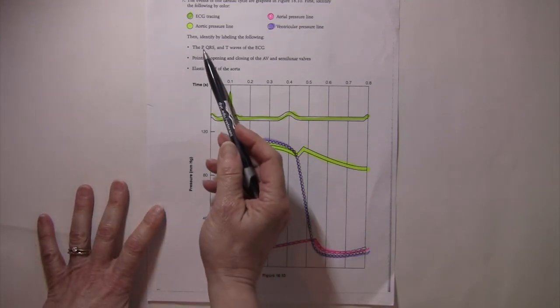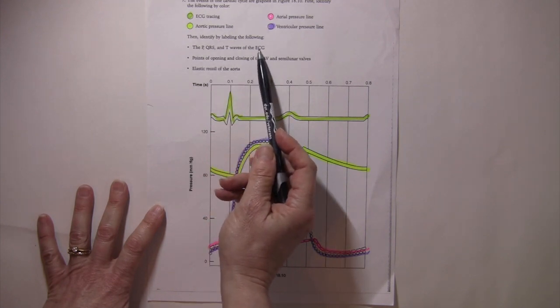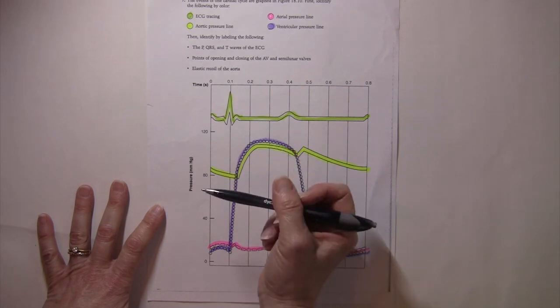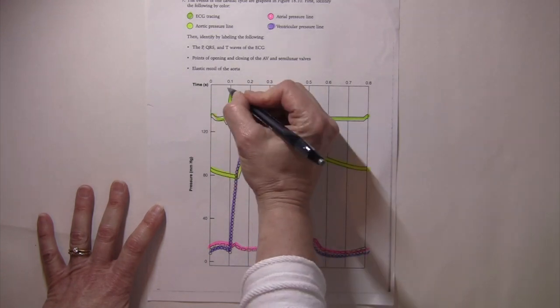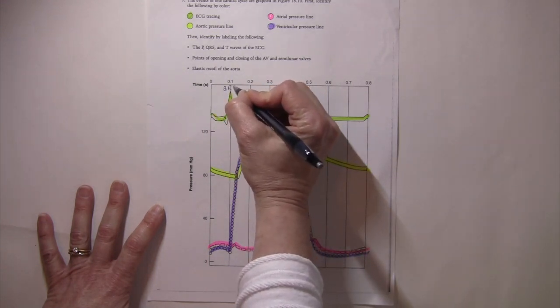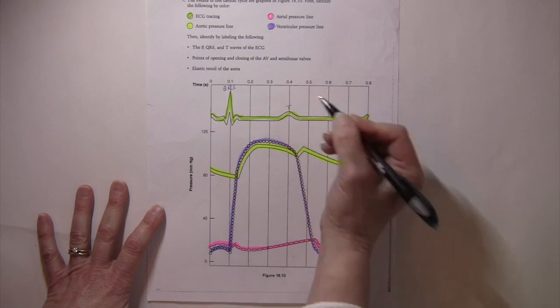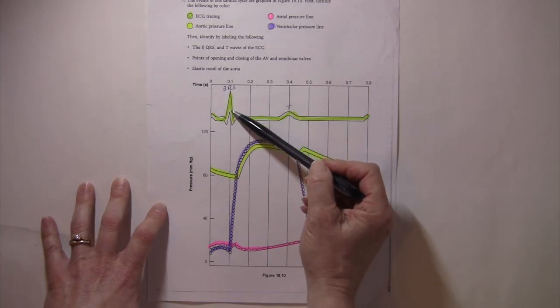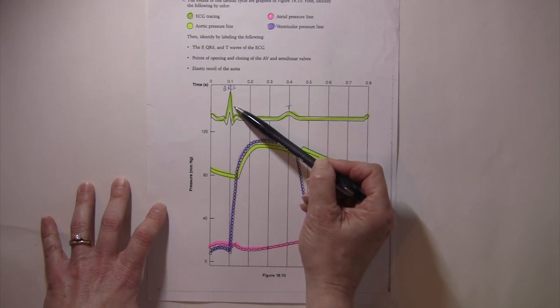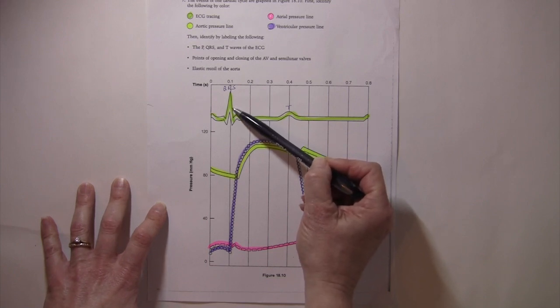I asked you to identify the parts of the ECG wave, and so we know that the P wave is atrial depolarization. I see it cut off over here. This is the QRS complex, and then the T wave. And so that's another hint, actually, because we know the QRS complex is ventricular depolarization.